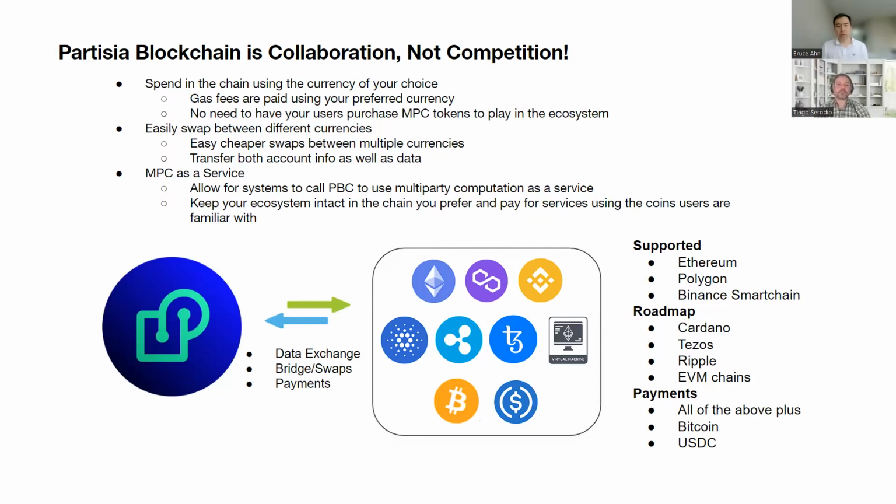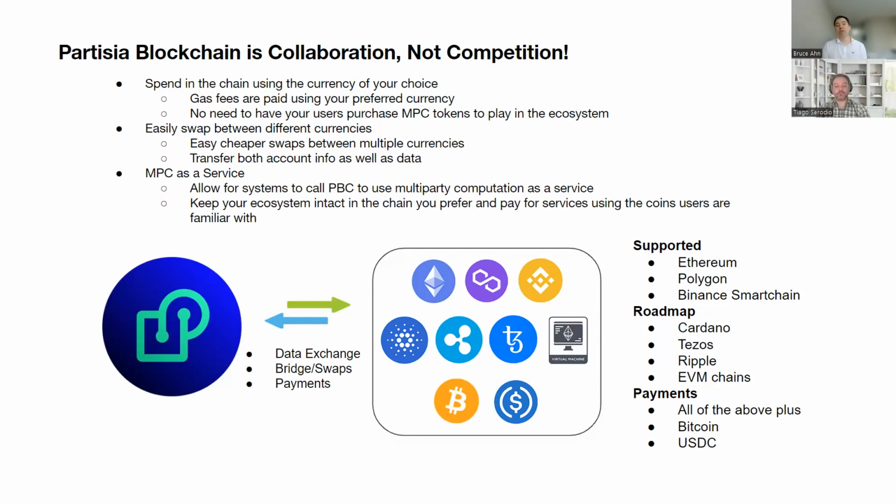The other advantage this brings is that you're able to easily swap between the different currencies. Easy swaps between multiple different currencies. You're able to transfer both account information as well as data between the chains. And the third value proposition that we bring out is MPC as a service. This basically means that it allows any system, whether it's a Web 2 or a Web 3 system, to call Partisia Blockchain to use our privacy services, multi-party computation, as a service.